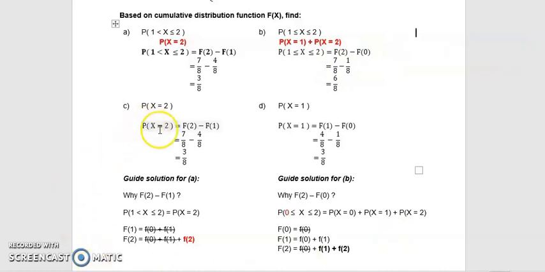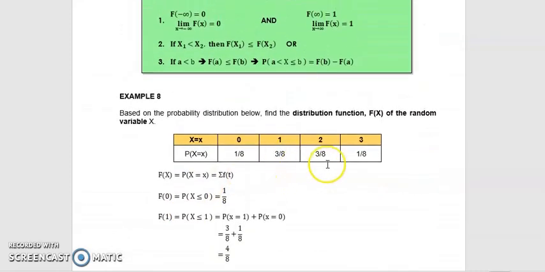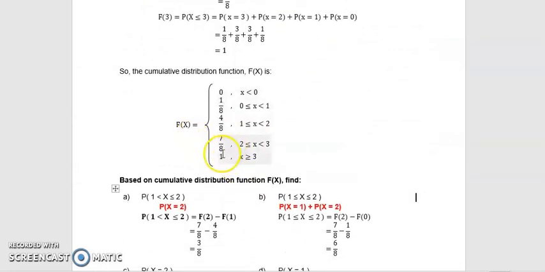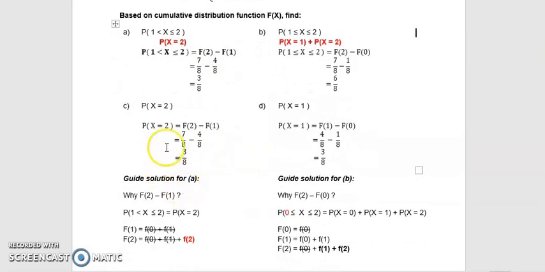Question C, we want probability of x equal to 2. From the probability distribution given, it is 3 over 8, right? If this table is not given, but you only have cumulative, how to get x equal to 2 only? So f2 minus f1.